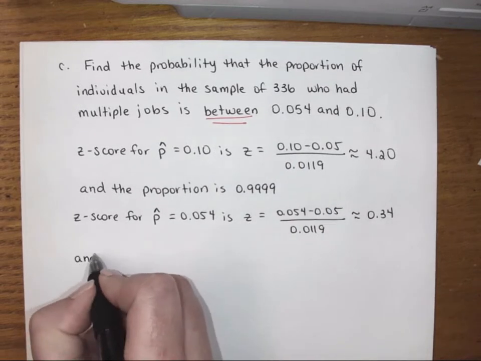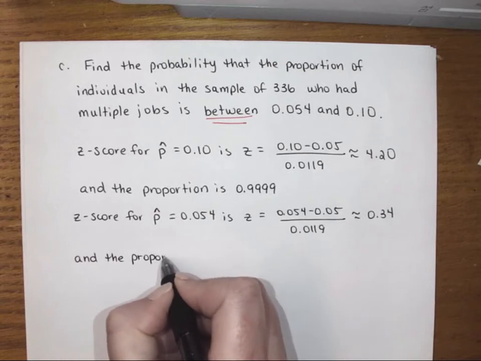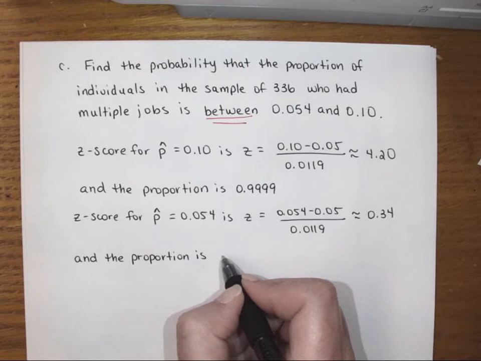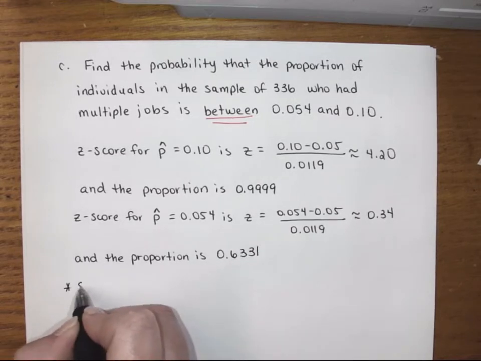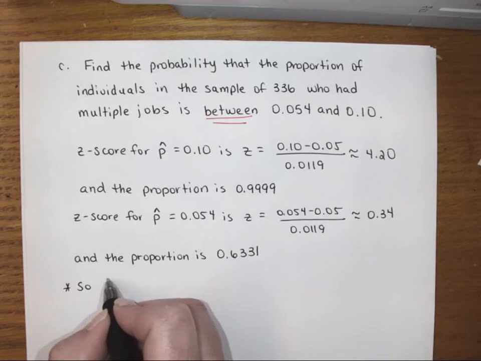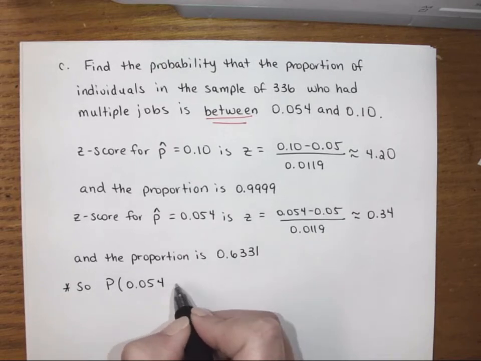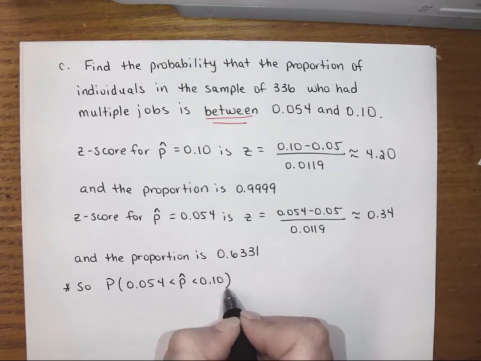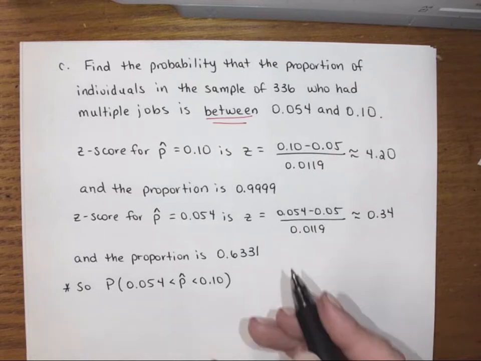And the proportion, if you read the chart here, is going to be 0.6331. So the probability that my p hat stays wedged between 0.054 and 0.10 is going to be the difference between these two.